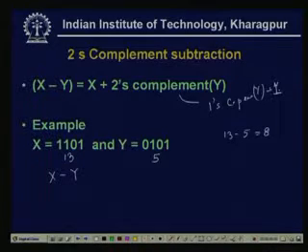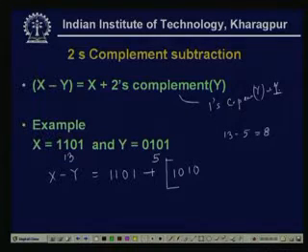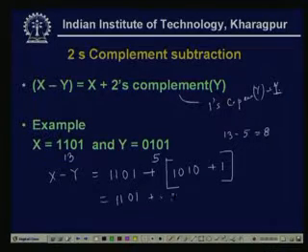Now, the way we have done, x minus y is 1101 plus the 2's complement of y, meaning first the 1's complement of y plus 1. So, 0101 if I flip, it will be 1010, plus 1. So, this will be 1101 plus 1011.